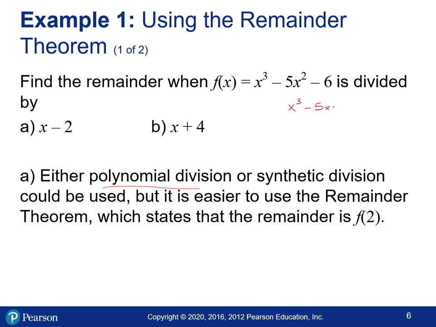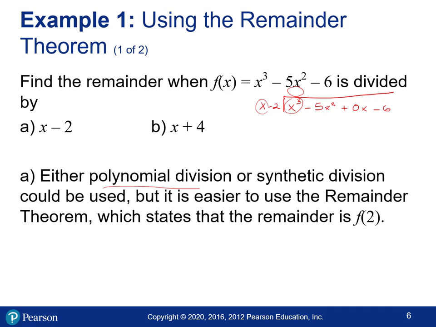Okay, so I'm going to set this up as my long division, putting a placeholder for the x because there's actually no regular x terms. I'm going to divide by x minus 2. So you cover up, think of covering up this minus 2, and you're thinking to yourself, okay, x times what equals x cubed?